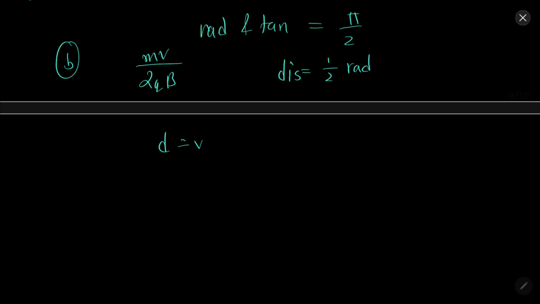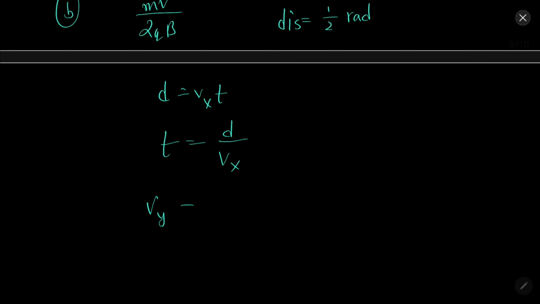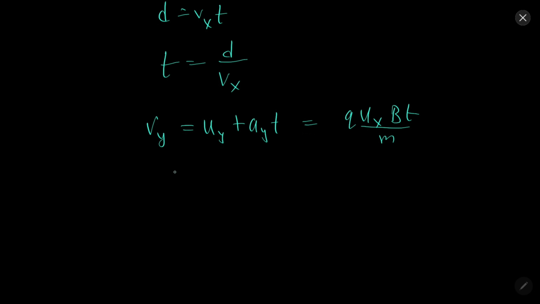So d is vx times t along x direction. T will be d by vx. Vy along the y direction will be qvx Bt by m. So Vy will be this much.